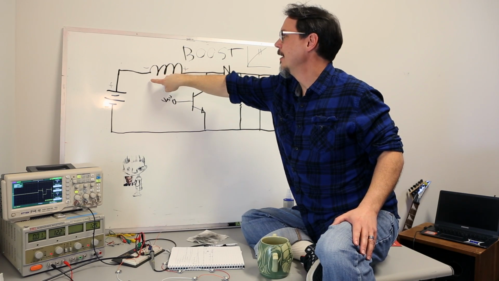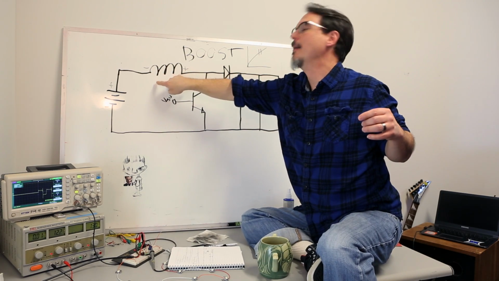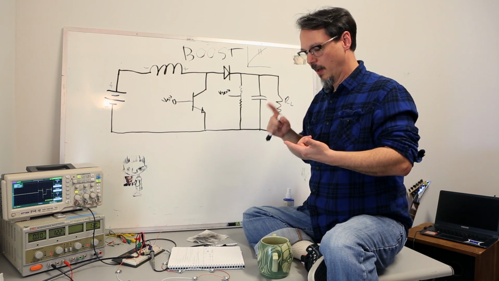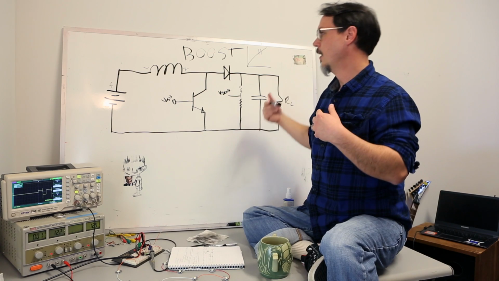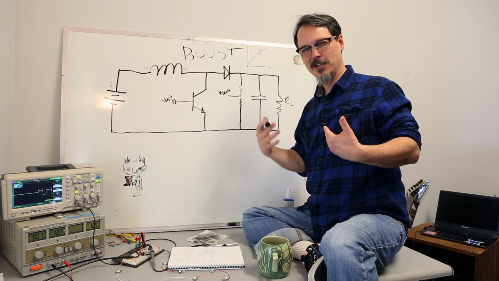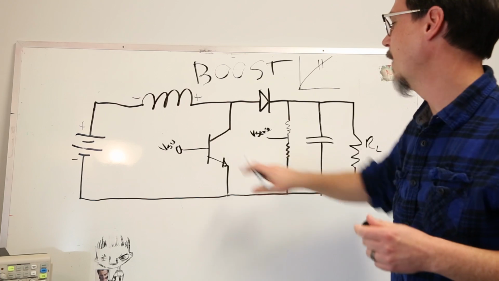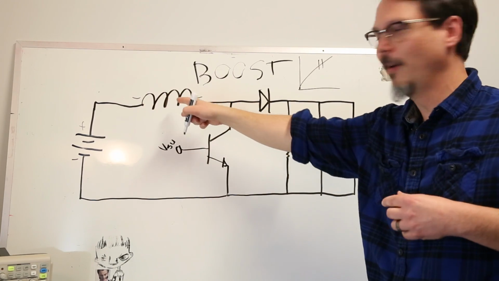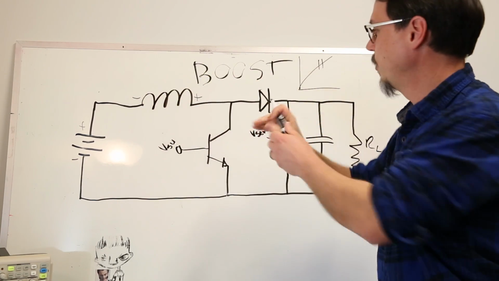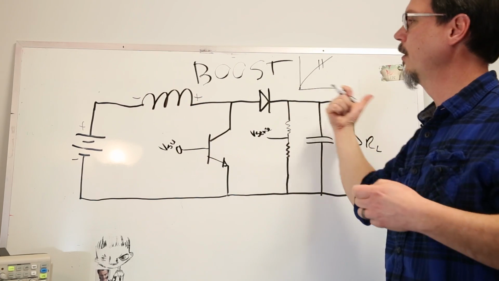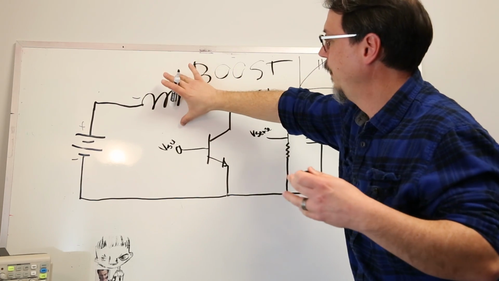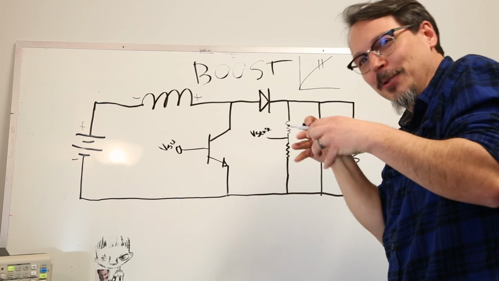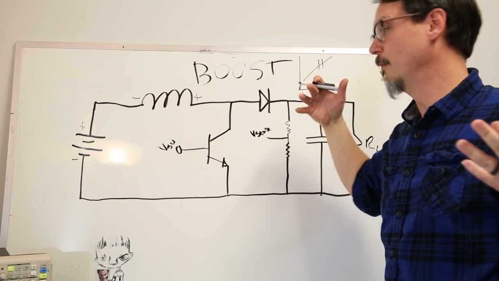The amount of voltage that develops by means of the inductor is directly related to how many turns the inductor is and how much the current changes given time. If I've got this switch turned on and I've got a whole bunch of current running out here, when I turn this off, and this is only a little current, the field will start to collapse, and if it collapses on a lot of little loops, it's going to make a bigger and bigger voltage.